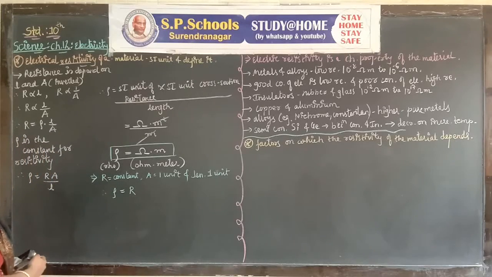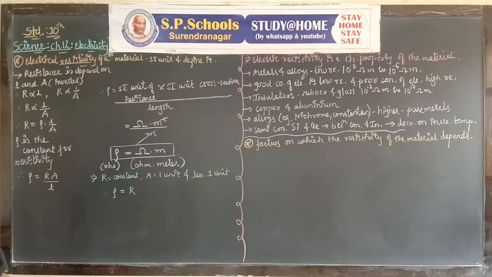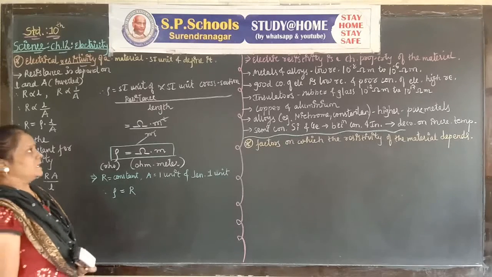So the SI unit is ohm into meter. That is the resistivity of a resistance. Now we go through another question.